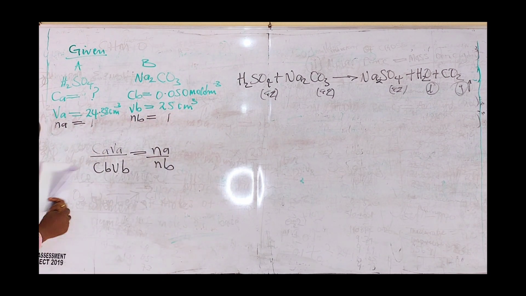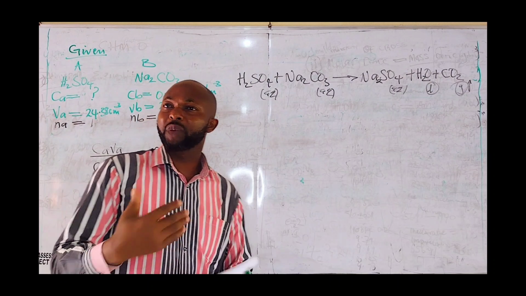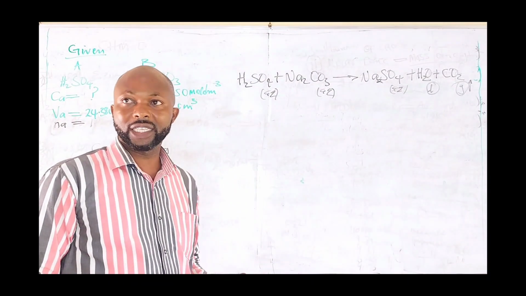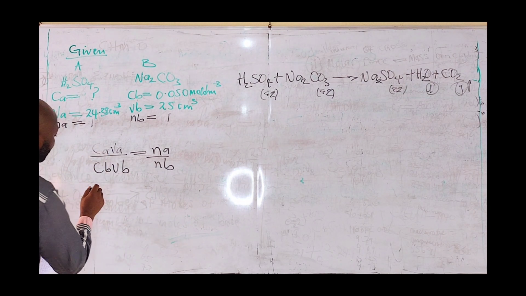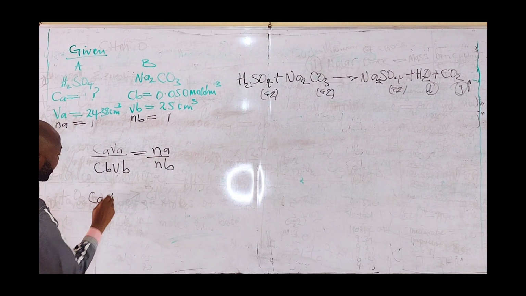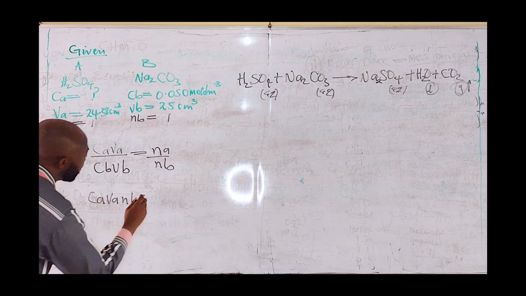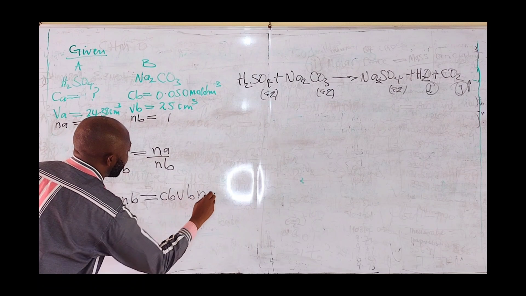Now, for the sake of those who do not understand, change your formula very well. So we are going to practicalize it and see how that works, alright? So now here, this multiplied by this, we have CAVANB is equal to CBVBNA.